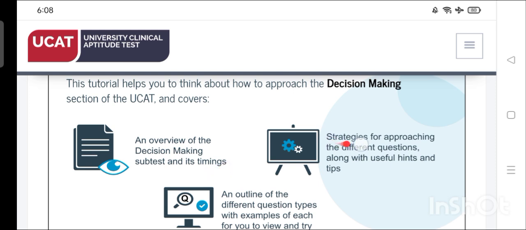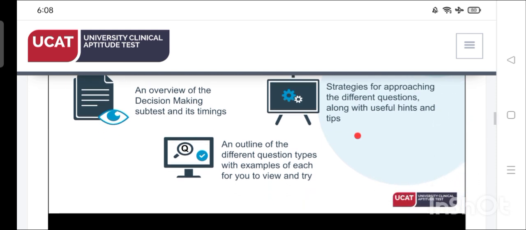Second, strategies for approaching the different questions along with useful hints and tips. Third, an outline of the different question types with examples of each for you to view and try. So these are the three basic points we're going to learn and understand in the following slides.